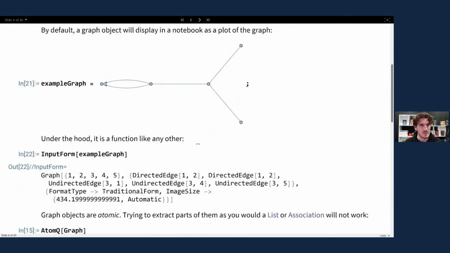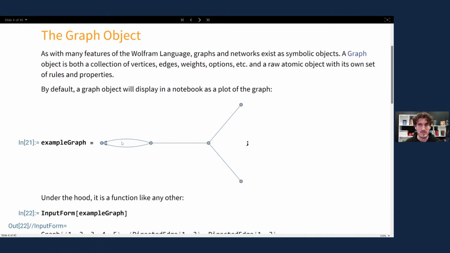This graph here is just the Wolfram language kernel's best effort at visualizing what you mean when you have a list of vertices and a list of edges.